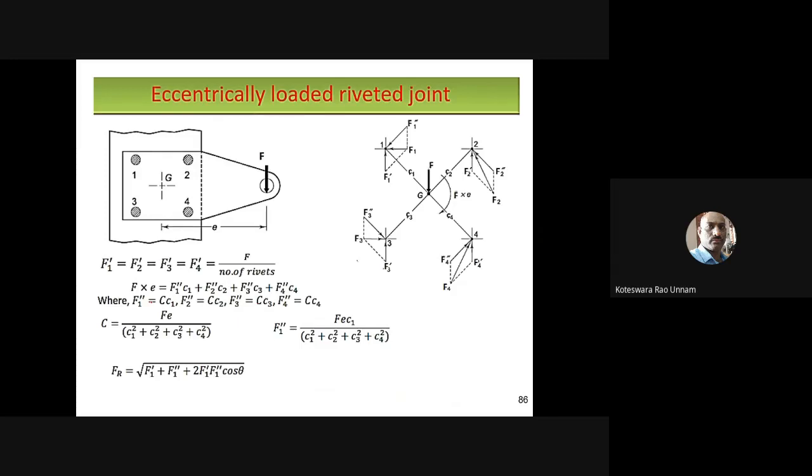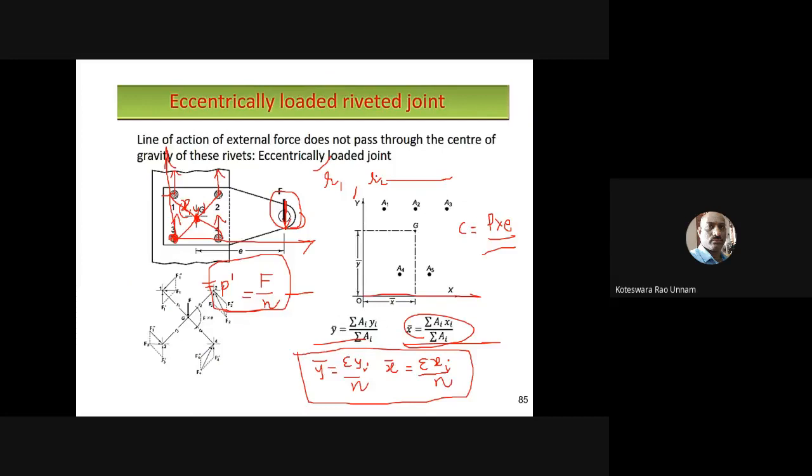This is the formula we got for C. Once you have C, then F1 double dash, the secondary shear force on the first rivet, is nothing but C into R1. Similarly for the second rivet, F2 double dash is C into R2. Like that, you can calculate all four secondary shear forces.